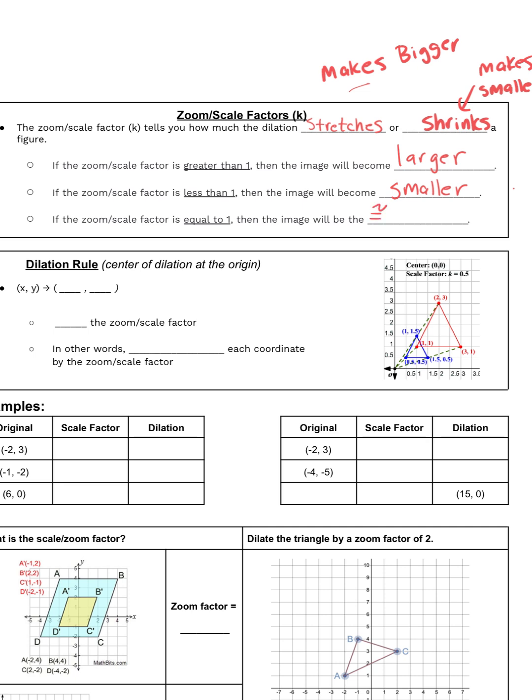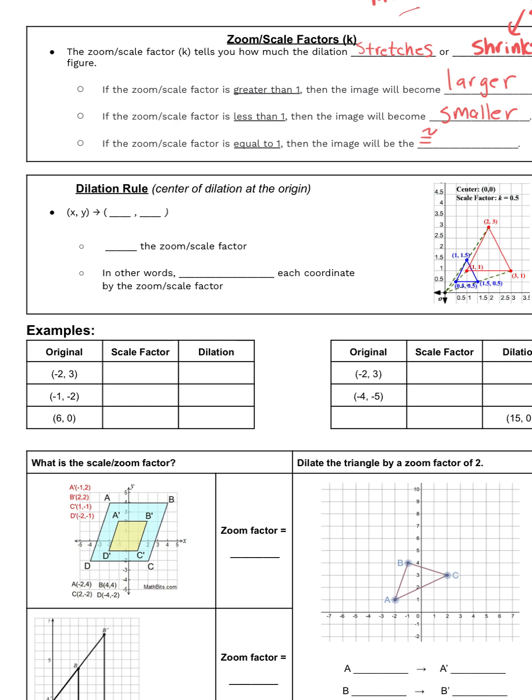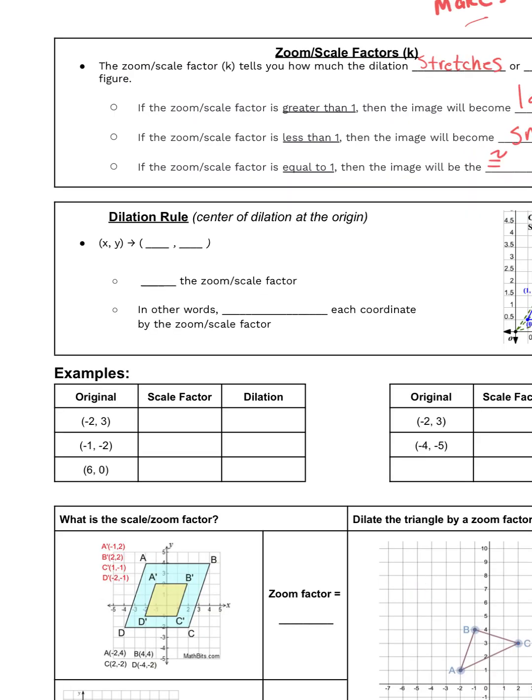All right, let's talk about the dilation rule. If our original point is (x, y), to get our new dilated point, we simply take the scale factor k and multiply it by the x coordinate.